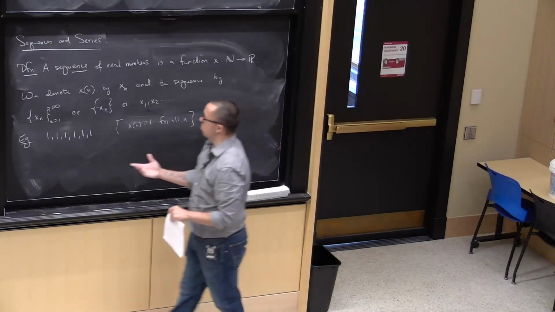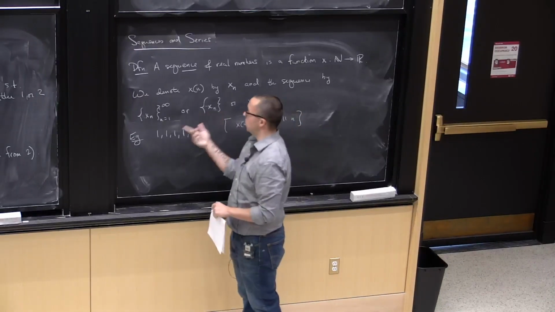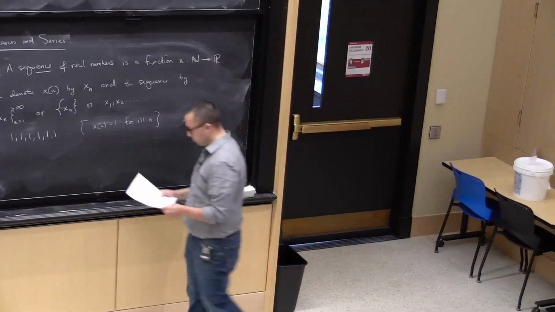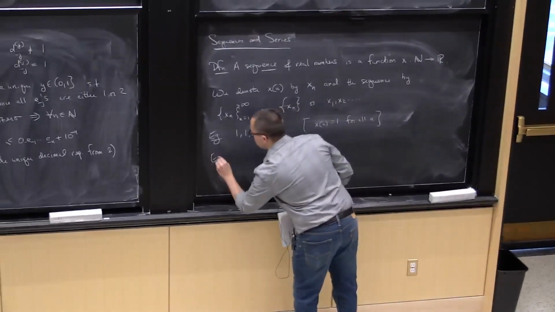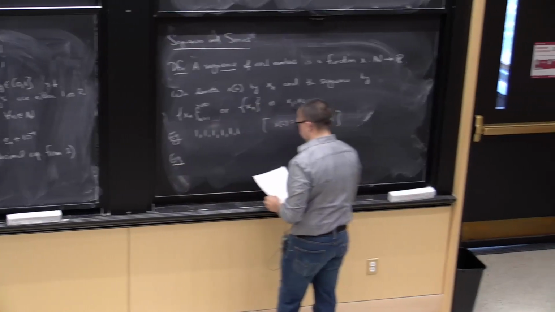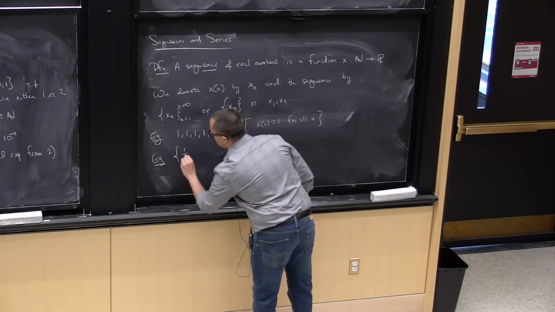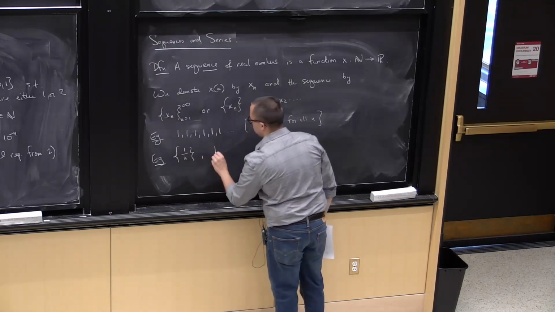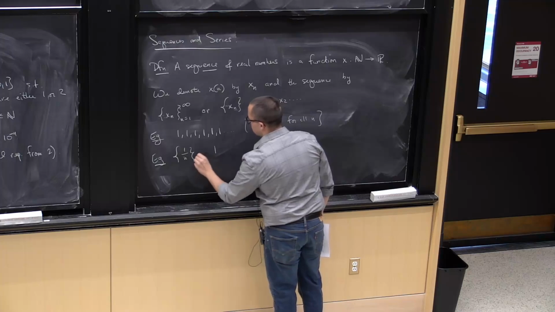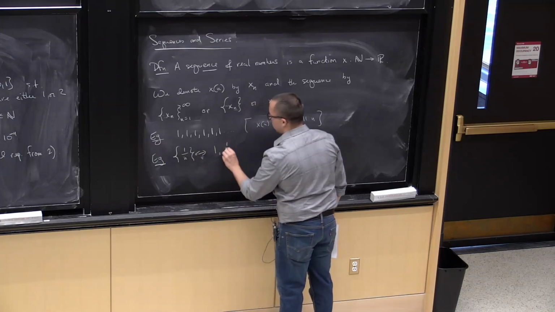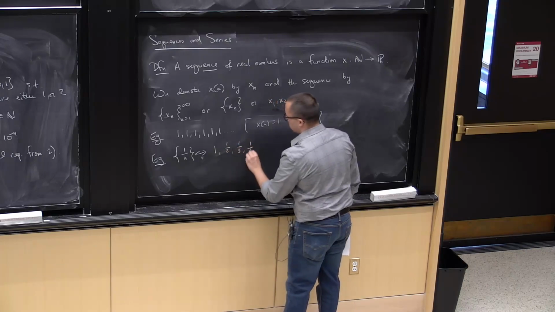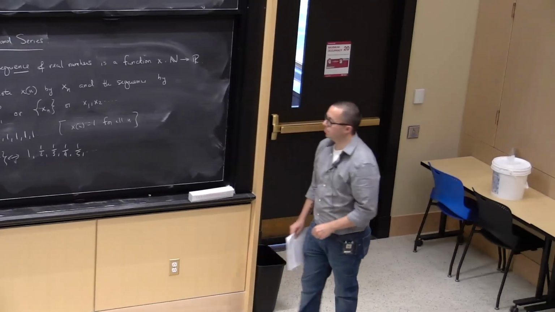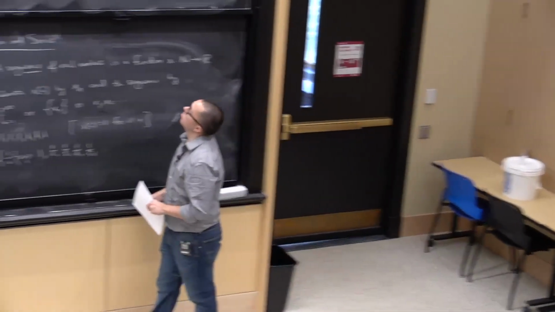And when we refer to them, we'll either write them like that or with curly brackets around an expression for x sub n. So, for example, if I were to write this, this is the sequence given by 1, 1/2, 1/3, 1/4, 1/5, and so on. Okay? Okay.